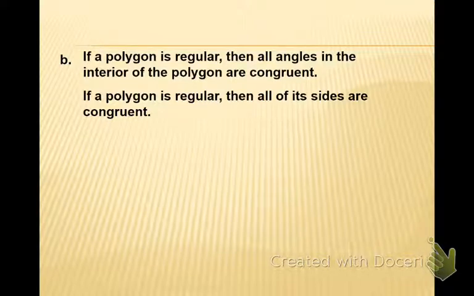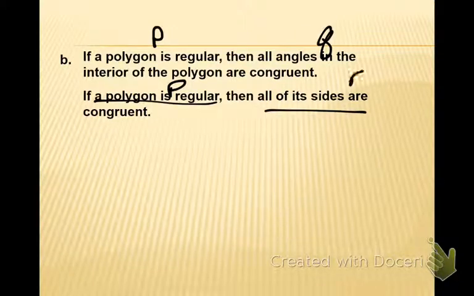If a polygon is regular, that's going to be your P. All angles in the interior of the polygon are congruent. That's your Q. Now, in the next statement, your hypothesis should be the conclusion from the first statement. Is it? No. We're using the hypothesis from the first statement again as the hypothesis for the second statement. And this is going to be our R.